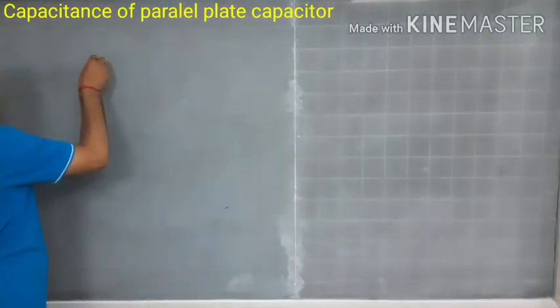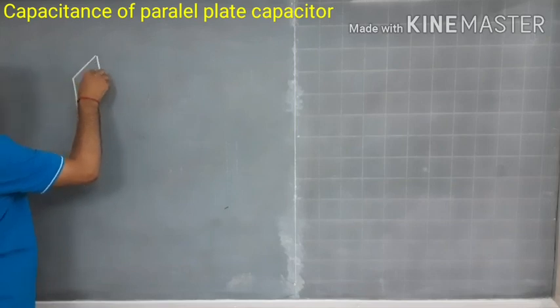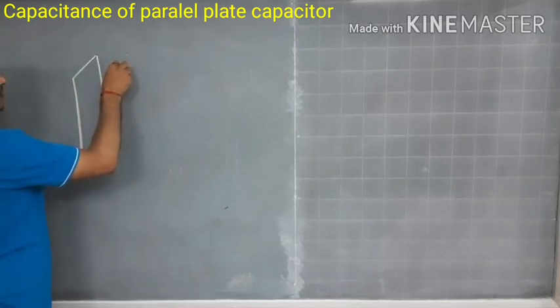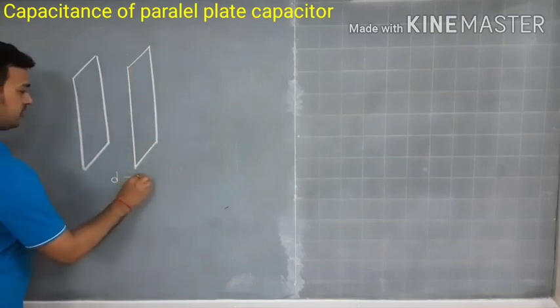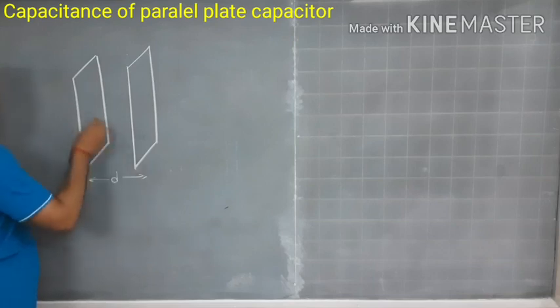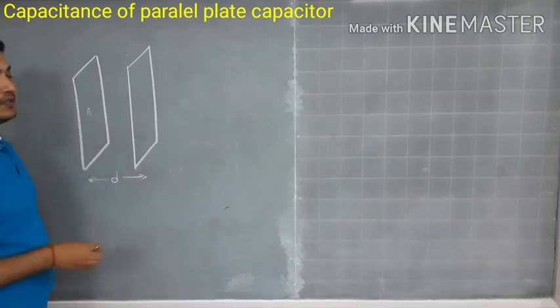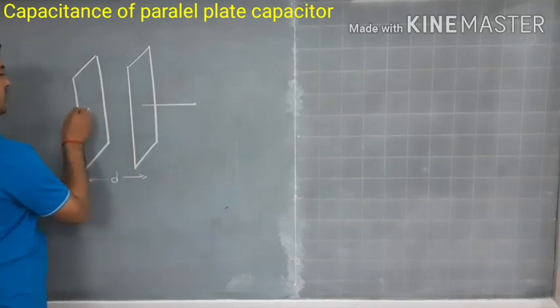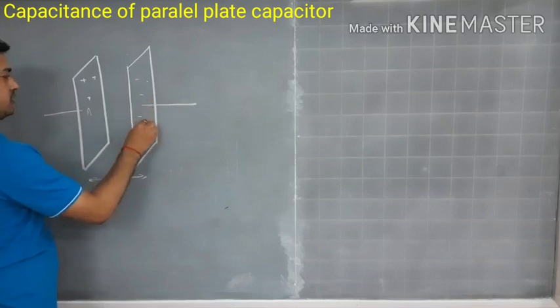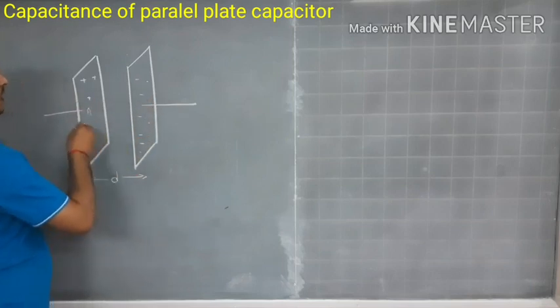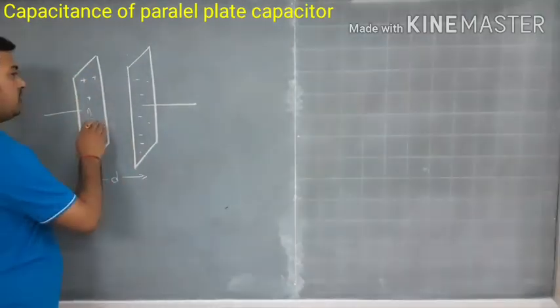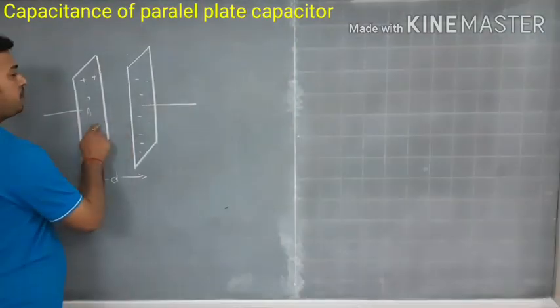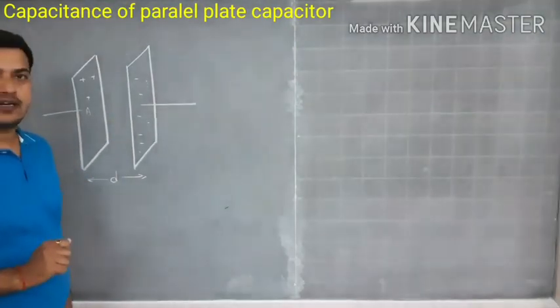So we have two parallel plates separated by a distance d, and that is small in comparison to the dimensions of these two plates. As I told you, one is charged positively and the other negatively, so if the plates are given charge, then most of the electric field will be localized between the plates of this capacitor.